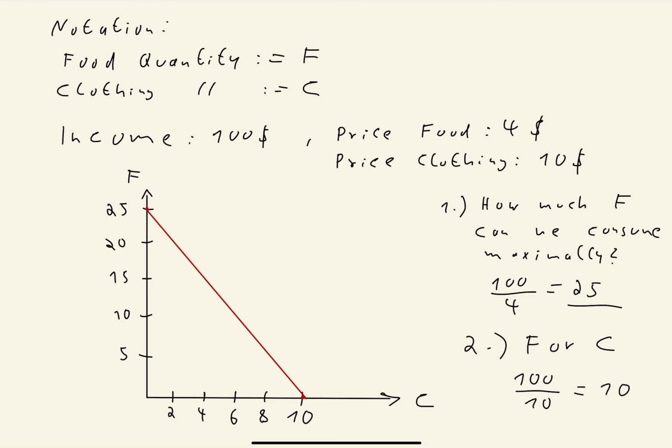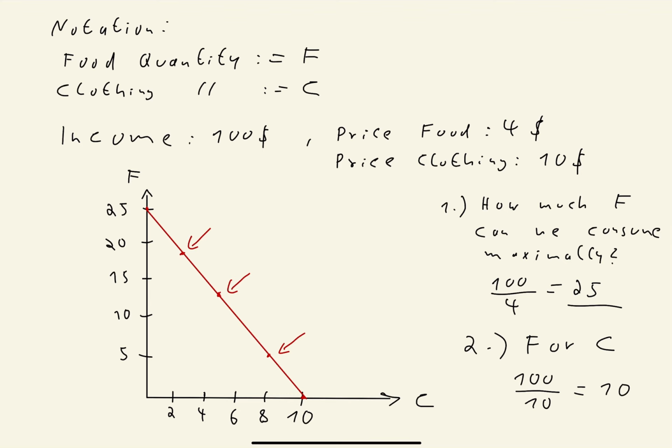A feature of the budget constraint is that any point on it, the point here, or here, or here, is a bundle or combination of food and clothing such that all of your income is spent on food and clothing.